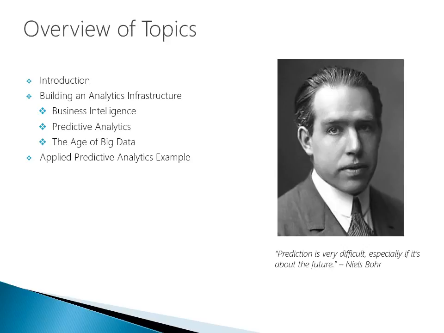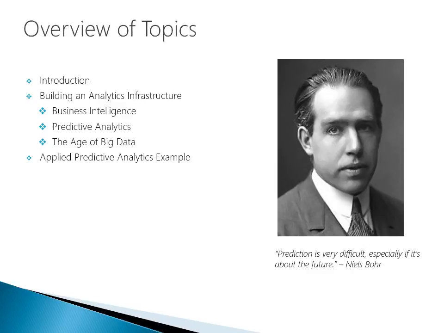Now, before I move on, I just wanted to briefly take a look at the picture of the gentleman on the right-hand side. This is a picture of Niels Bohr, who is one of the more prolific minds of the 21st century. And he's talking about prediction. And his quote is, "Prediction is very difficult, especially if it's about the future." And he's absolutely right.